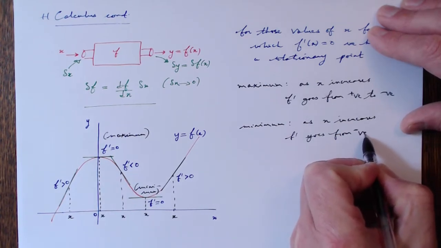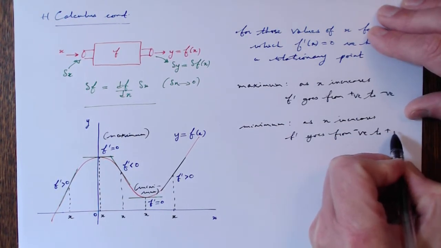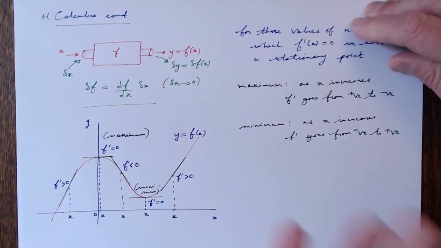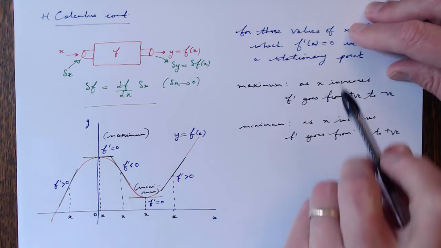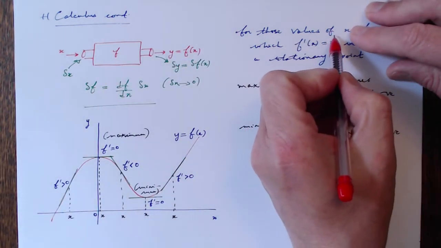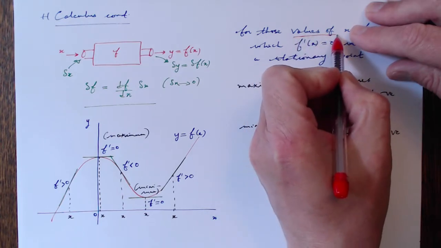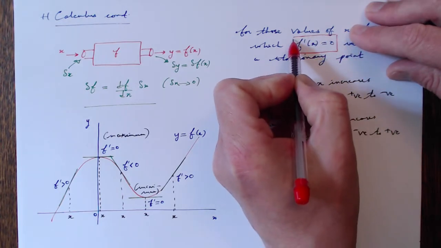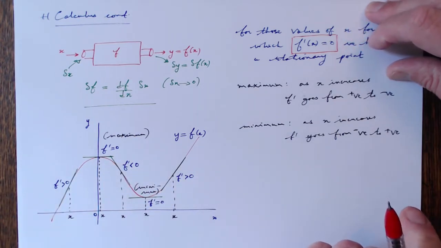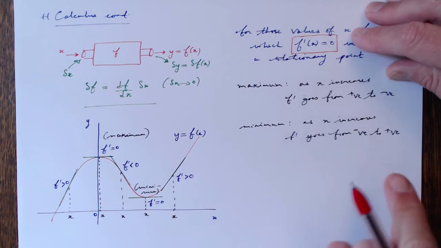And in the next tutorial I'll show you more explicitly, but when we calculate the location of stationary points by using this condition, it will be quite straightforward to determine what kind of stationary point we have, if we don't have a nice clear graphical view, by just looking at how f prime changes through that value of x.